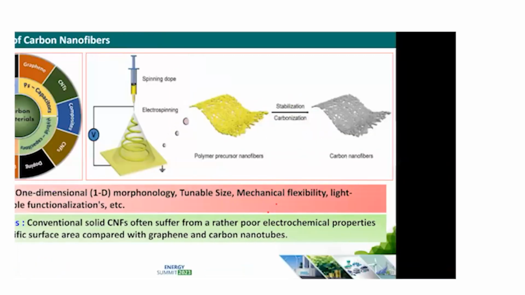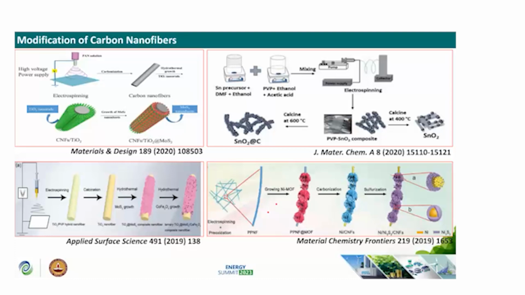In order to use them in a wide range of applications, these carbon nanofibers were further modified with several nanomaterials. For example, in this slide, titanium oxide and molybdenum disulfide have been modified over the carbon nanofiber by a hydrothermal approach and then used for energy related applications.